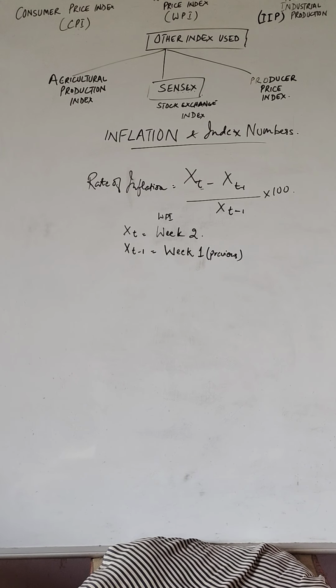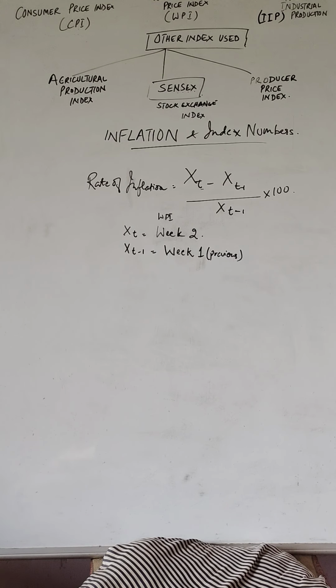Now, while prices tend to increase during the year, that may not be rising at the same pace or at the same rate, as we call it, every week within a year. So this is a weekly rate of inflation. As I wrote this, it's a weekly calculation of the rate of inflation.